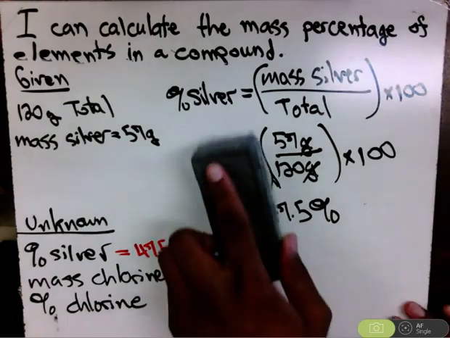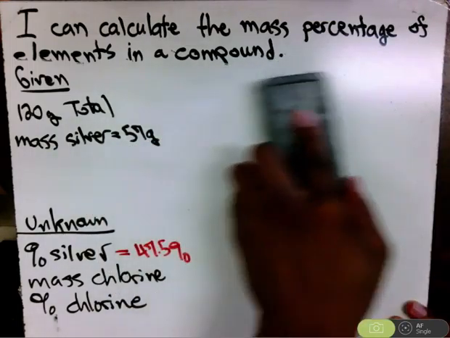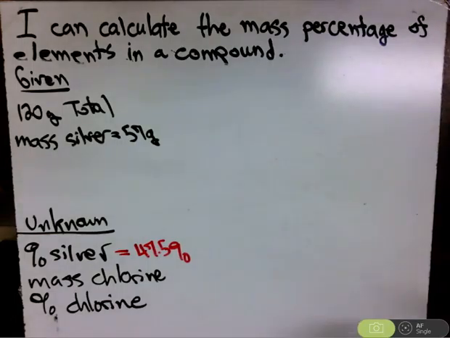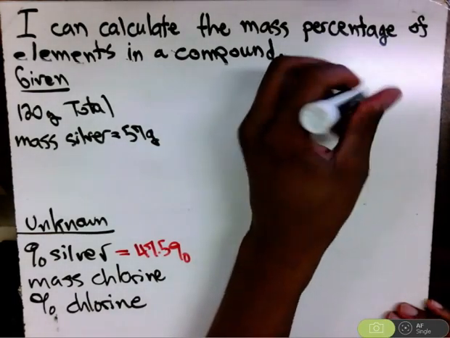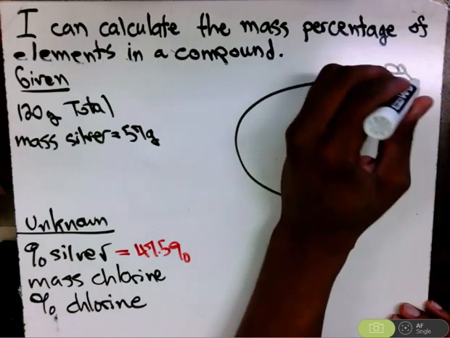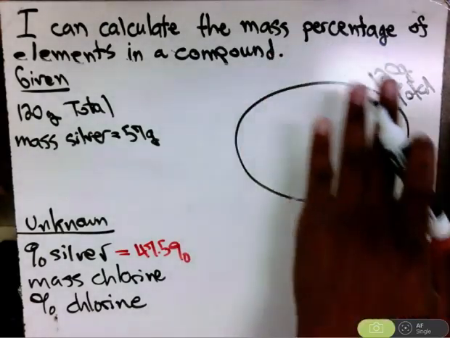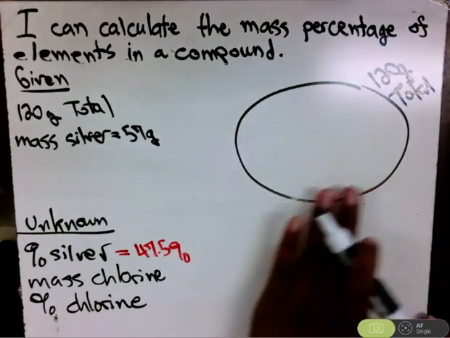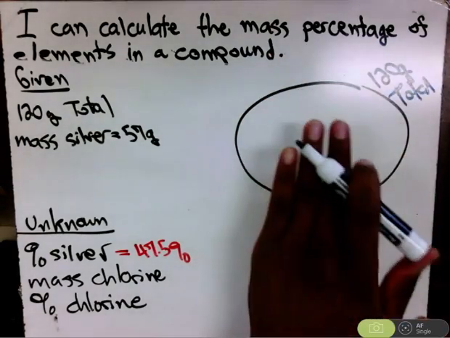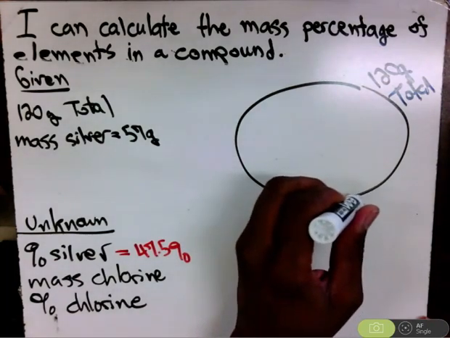The next thing I want to find is the mass of chlorine and the percent of chlorine. Now, the mass of chlorine is very easy to find given our total, because if I have, this is my pie chart, 120 grams total, this circle represents the total amount of my compound. Silver accounts for 57 grams.